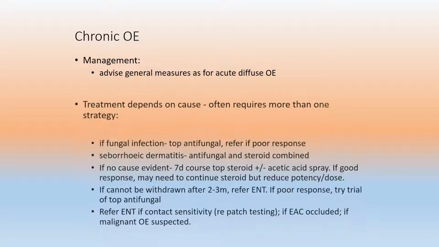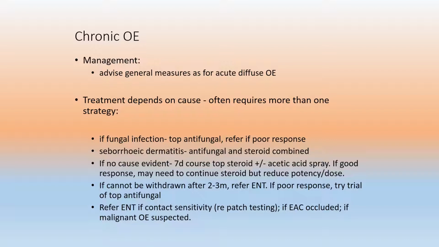Chronic otitis externa management. Advise general measures as for acute diffuse otitis externa. Treatment depends on the cause and often requires more than one strategy. If fungal infection, use topical antifungal, and refer if poor response.